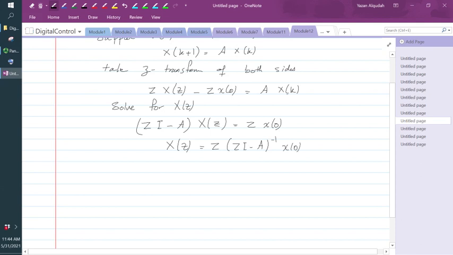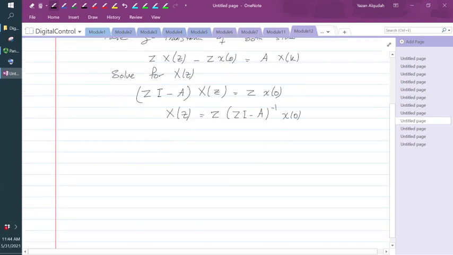I multiplied by z here, so I did not write this as z multiplied by I minus A, because this is just a scalar. If this was a vector, I could not write it like this, but since z is just a scalar, I can do it.